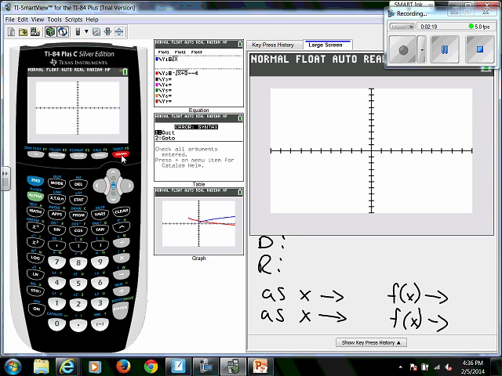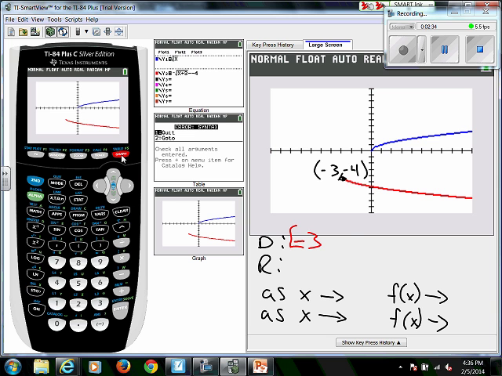First thing I'm going to do is label my starting point, which you notice here is (-3, -4). My leftmost point in the domain is negative 3. The graph keeps going right forever to infinity.